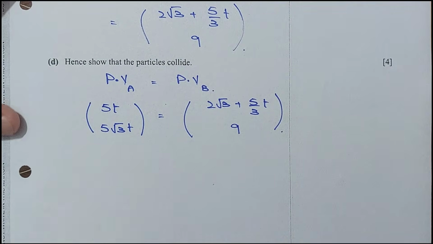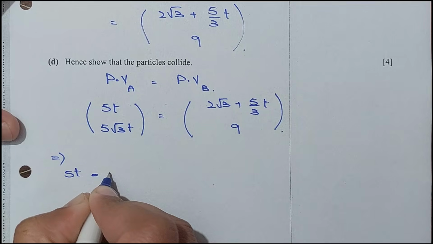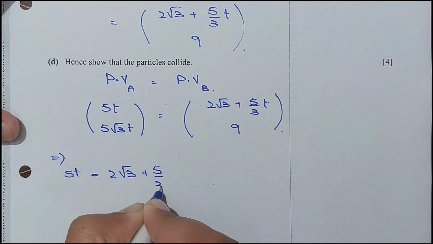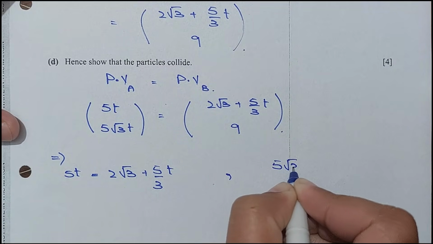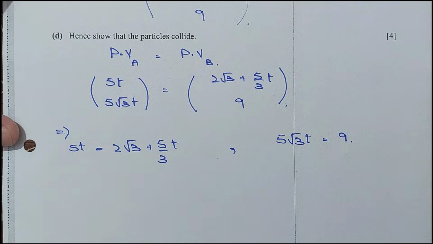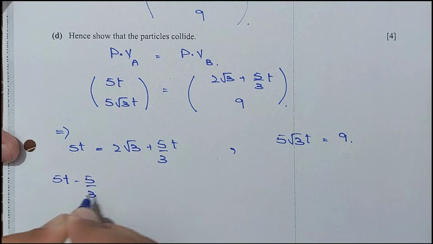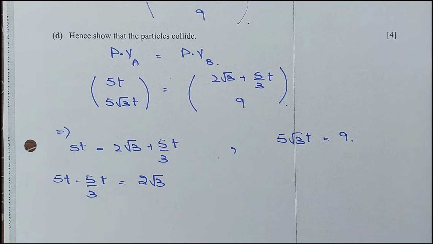Put them equal and solve for the time. So 5t equals 2 root 3 plus 5 by 3 t, and 5 root 3 t equals 9. Let me solve for time. 5t minus 5 by 3 t is 2 root 3. What is 5 minus 5 by 3?